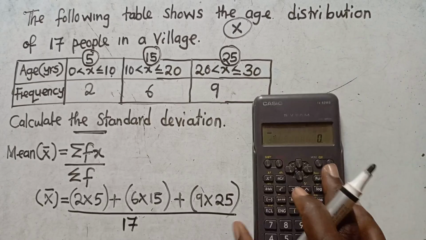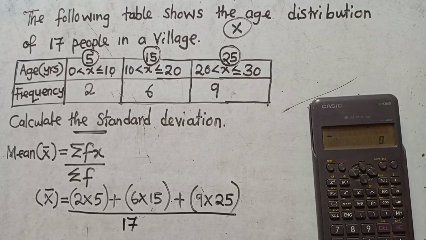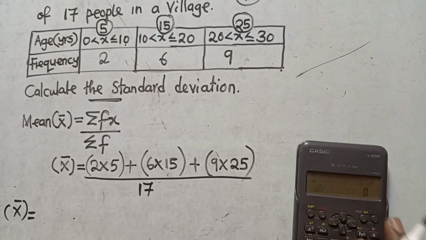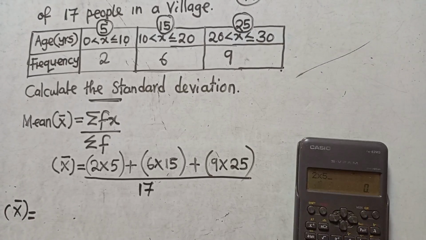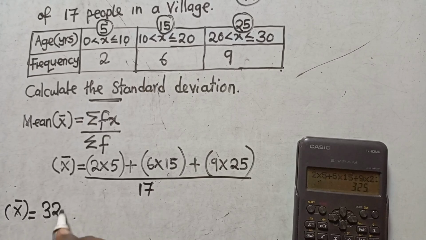I get my calculator. I punch this in. So mean is equal to what? I say 2 times 5 plus 6 times 15 plus 9 times 25. Confirm with me, the answer that I'm getting is 325. 325 over 17.